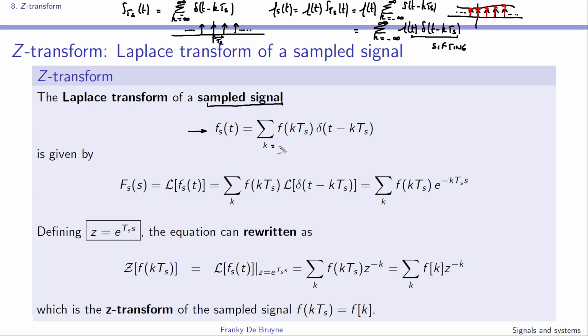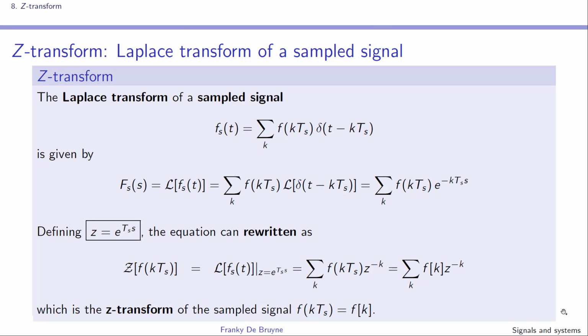So here it's a sum ranging from minus infinity to infinity. We now have to take the Laplace transform of this sampled signal, right? So the Laplace transform of this signal over here, and by linearity of the Laplace transform we obtain this expression over here, and we need the Laplace transform of a shifted delta.